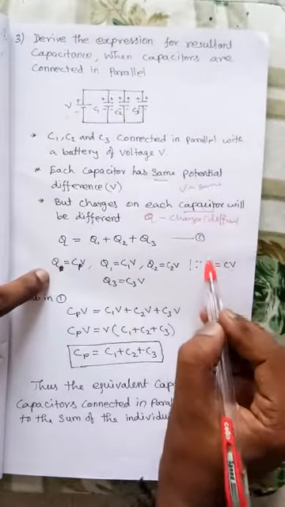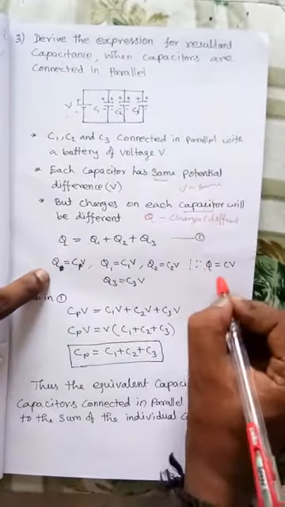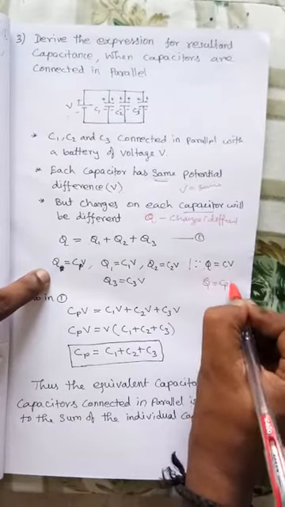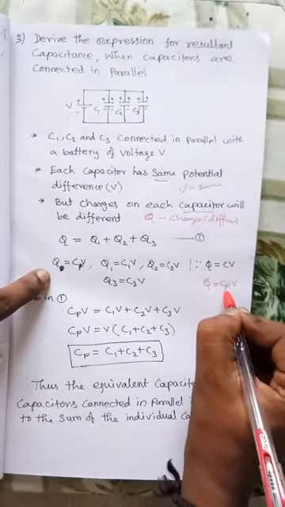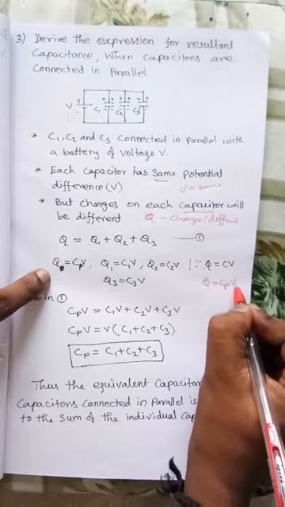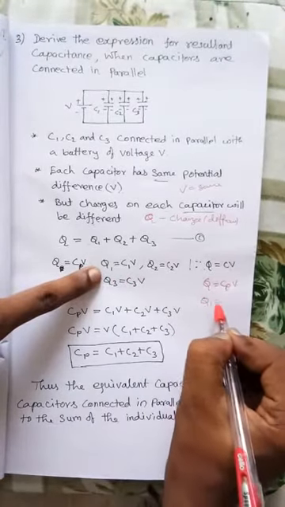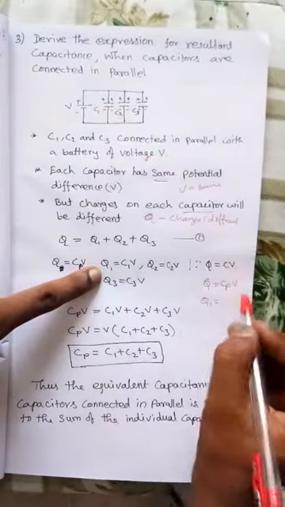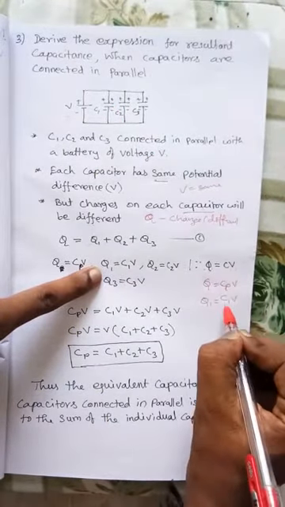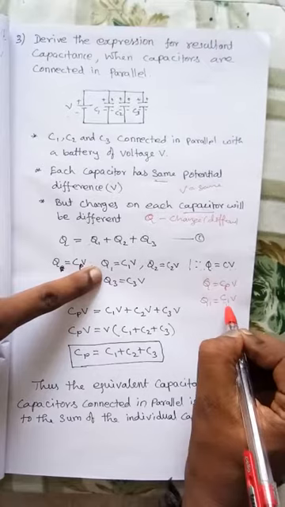Now already you know the formula Q equals CV. So Q is equal to CpV, which means total charge is equal to parallel capacitance into potential. Q1 is C1V because the capacitance is changing.